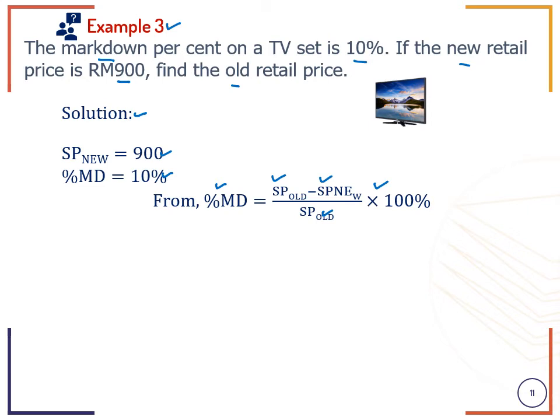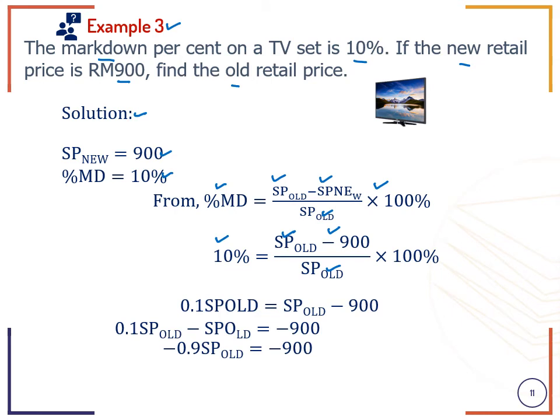Replace percentage of markdown with 10% and new selling price with 900 and solve for old selling price. So old selling price of a TV set is 1000.